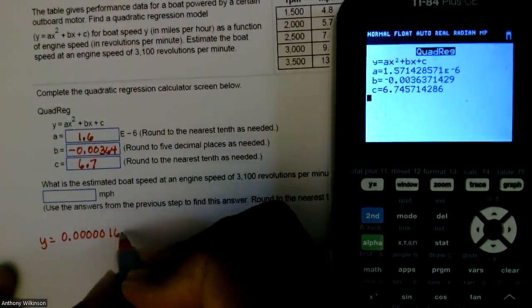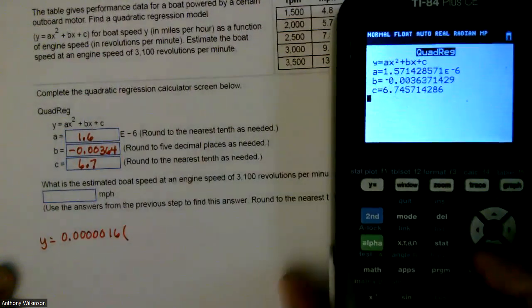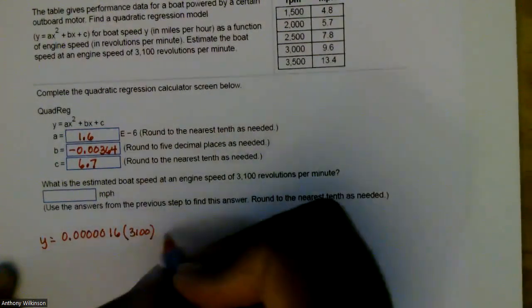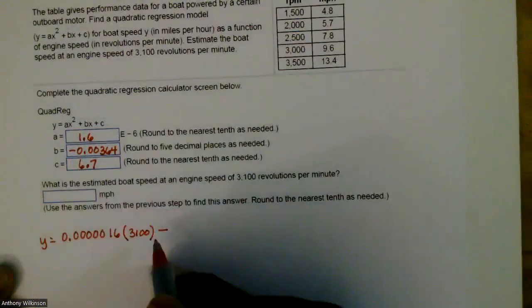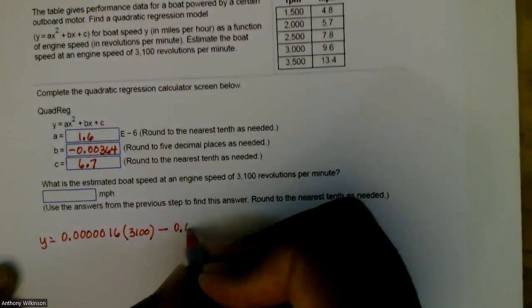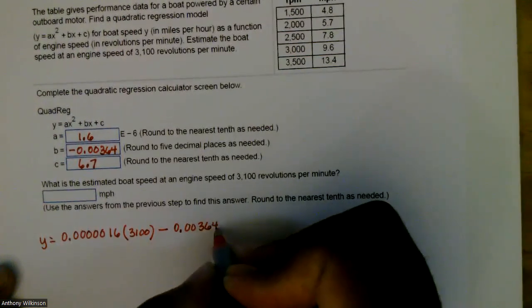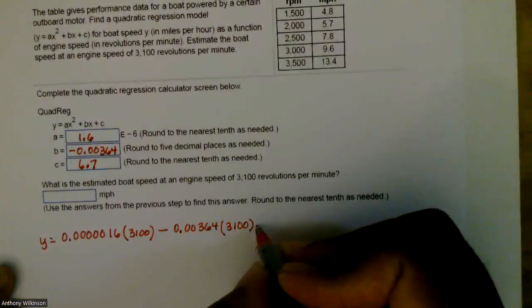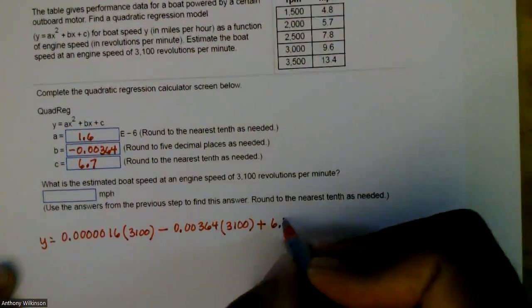And then 1.6 times X, in this case, is going to be 3,100. Since it's a negative, it's going to be minus 0.00364 times X, which is 3,100, plus 6.7.